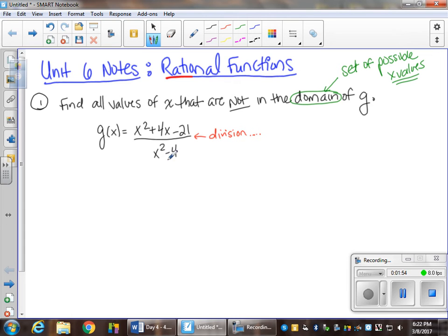So when I'm asking myself what values of x cannot be allowed, well, this is division. Ask yourself, what is the one number you can't divide by? Hopefully you just said 0, right?